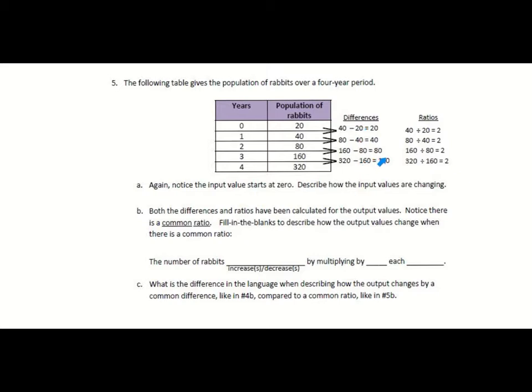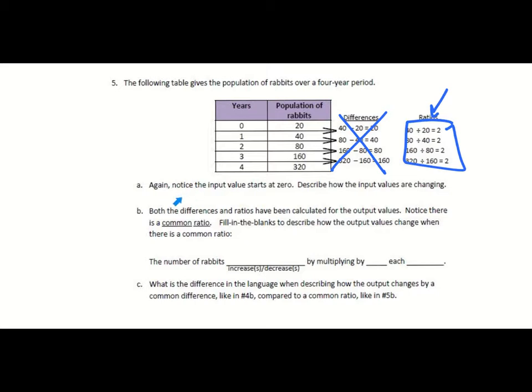These are not the same. But if I divide 40 divided by 20, 80 divided by 40, 160 divided by 80, 320 divided by 160, you're taking a number divided by its previous one. You'll notice that these are the same, these are not. So we're going to do basically ratios, which means you're multiplying.